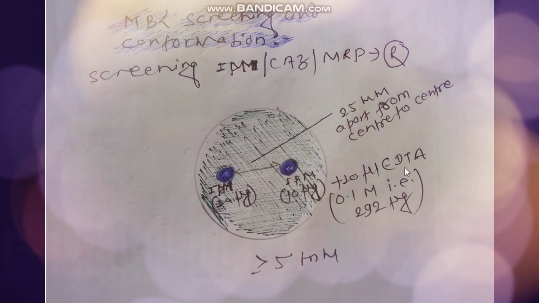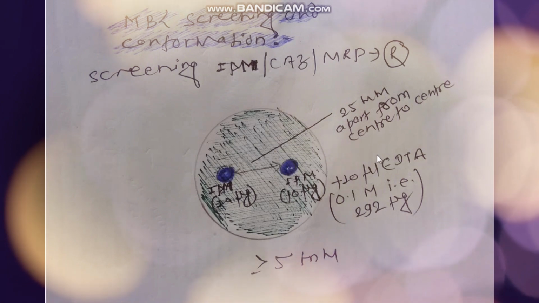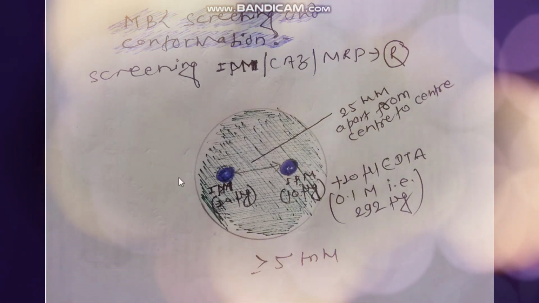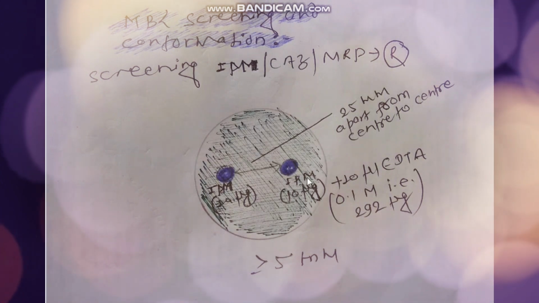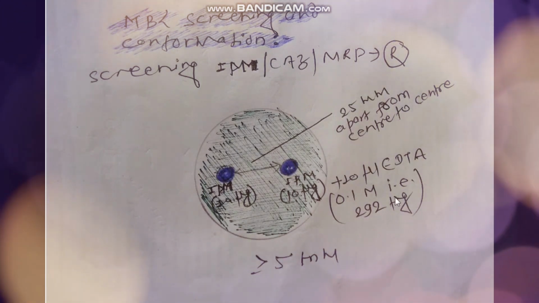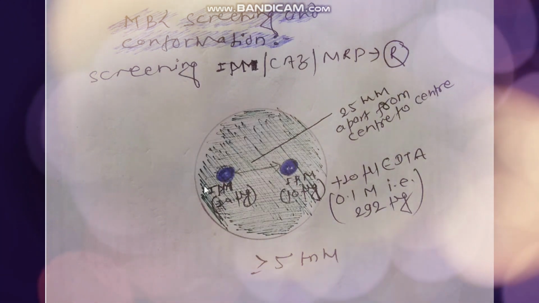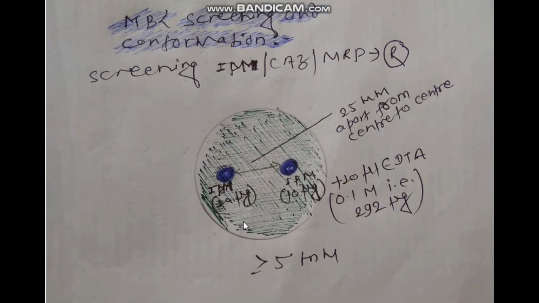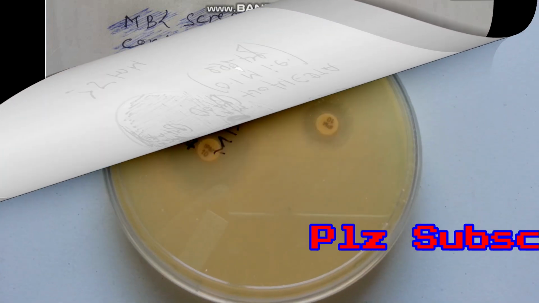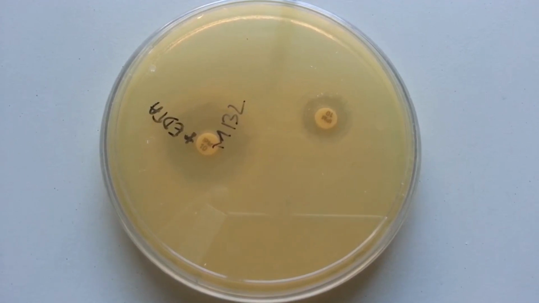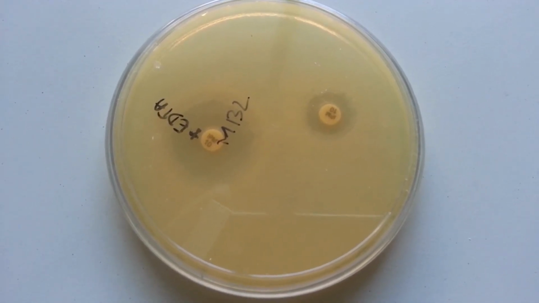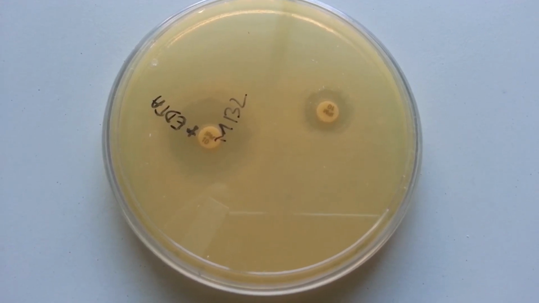After that, if the zone of inhibition of the combination drug is greater than or equal to 5 mm than that of imipenem, the organism is an MBL producer. So here you can see the concentration of EDTA 0.1 molarity, that is 292 microgram. So this is the MBL producer.